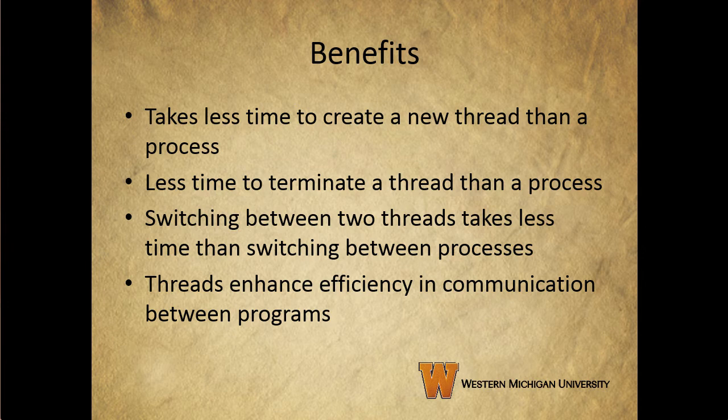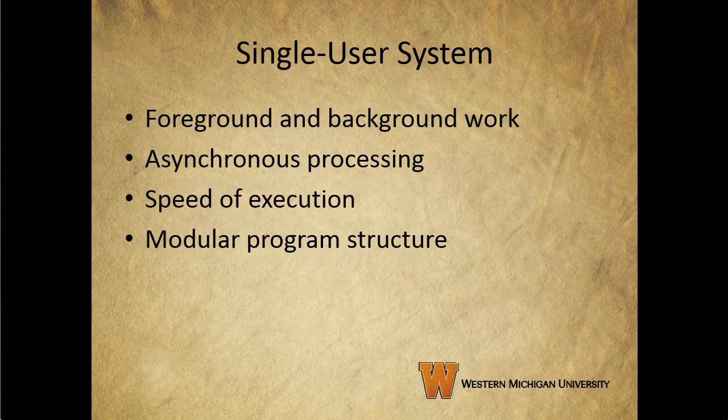So, if you have an application or a function that needs to be implemented as a set of related units of execution, it's quite a bit more efficient to do so as a collection of threads rather than creating separate processes. So, let's take a look at how we can use threads to our advantage on a single user system such as a desktop or a laptop.